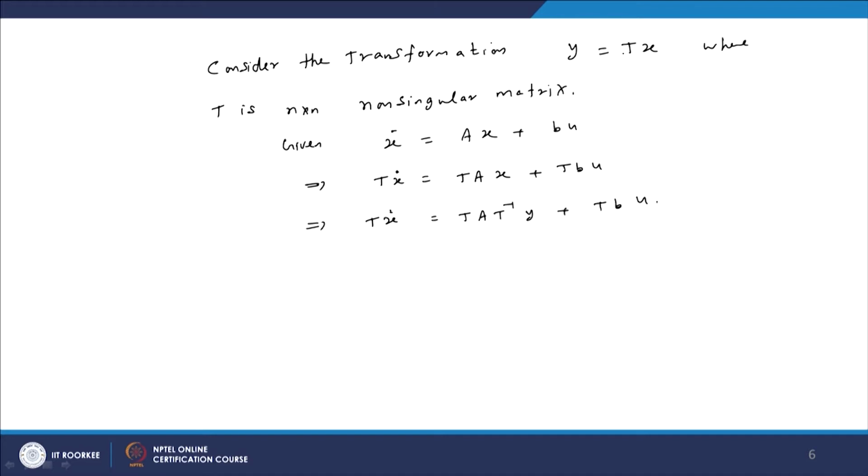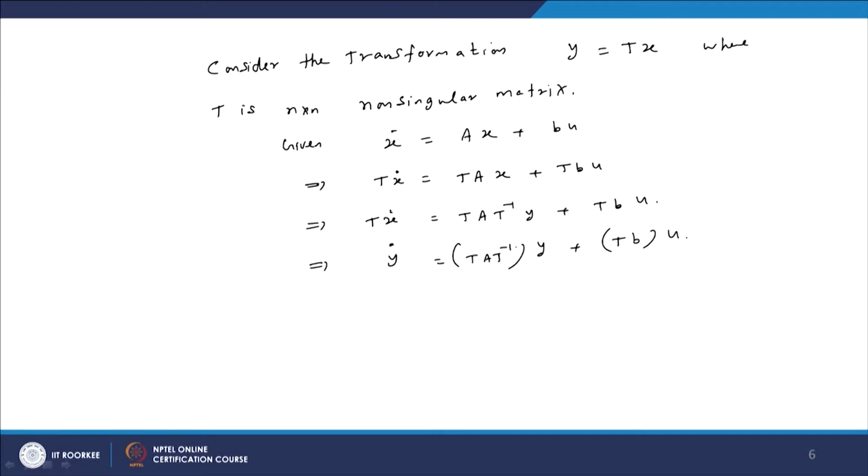And because T is a constant matrix, we assume the derivative of y is the same as T into x dot. So, this implies that y dot equal to TAT inverse into y plus TB into u.